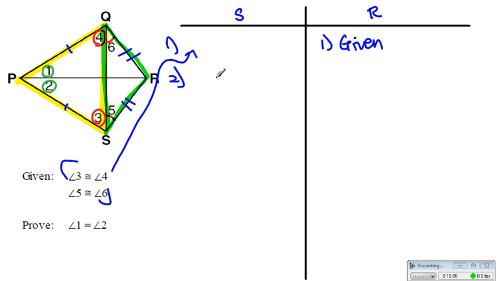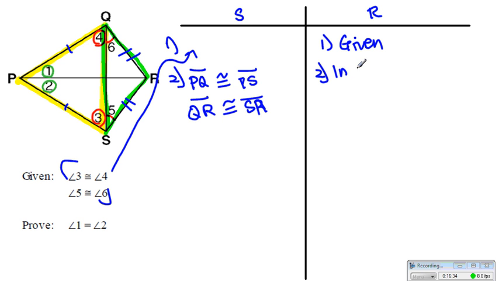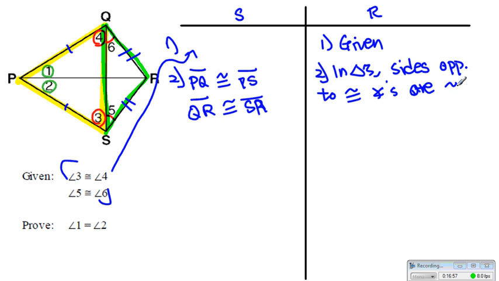Number 2, we can say line segment PQ must be congruent to PS, and also line segment QR is congruent to SR. The reasoning is that in triangles, sides opposite congruent angles are congruent. So we basically have the idea of an isosceles triangle.